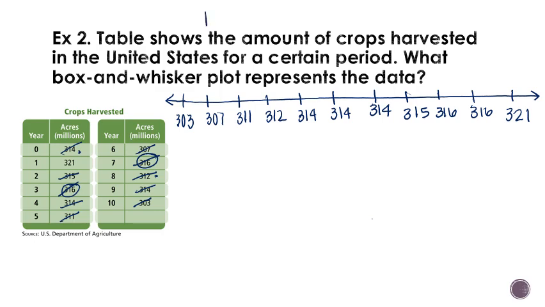In order to make our box and whisker plot, we're going to need to find the minimum, max, Q1, Q2, and Q3. So I'm going to go ahead and start off with the minimum and the maximum. So there's my minimum and my maximum. And then I'm going to go ahead and find the median of the whole entire set.